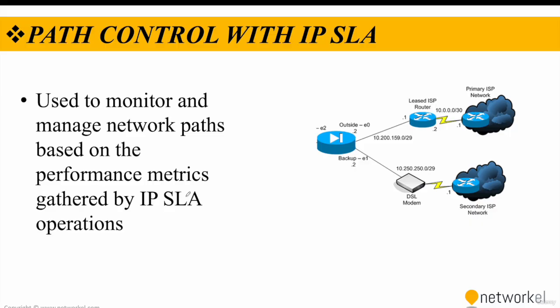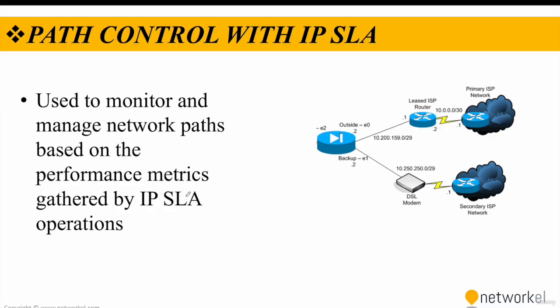We can do path control with IP SLA also. That is a method used to monitor and manage network paths based on the performance metrics gathered by IP SLA operations. IP SLA provides real-time measurements of network performance such as latency, jitter, and packet loss, which can be used to influence routing decisions and optimize path selection.